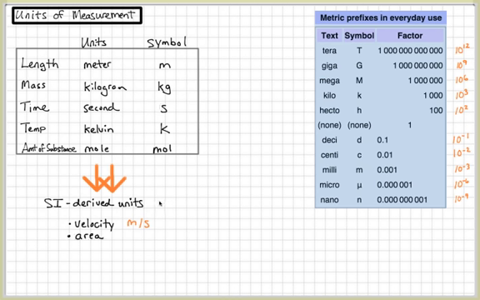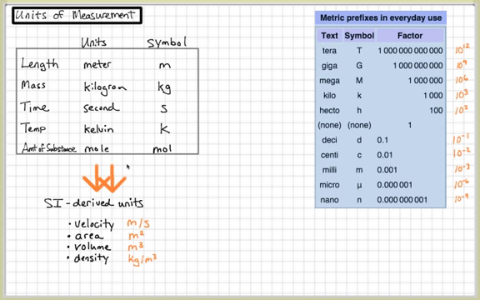For area, meters squared. Volume, meters cubed. And for density, density is mass over volume. SI derived unit is kilograms per meter cubed.